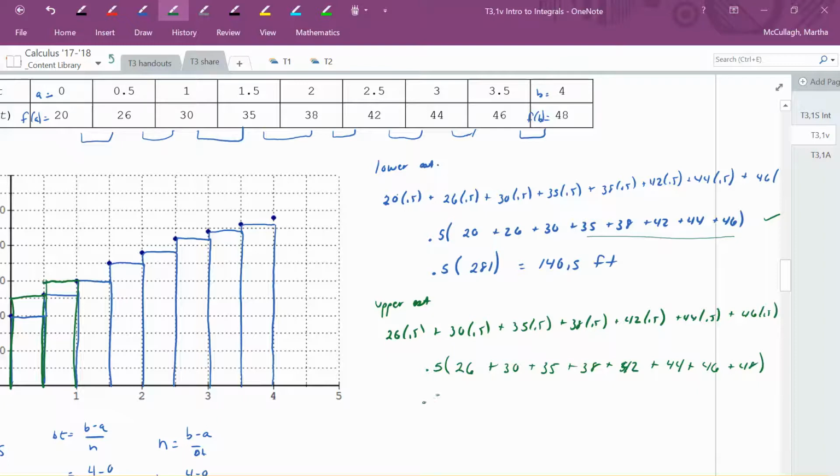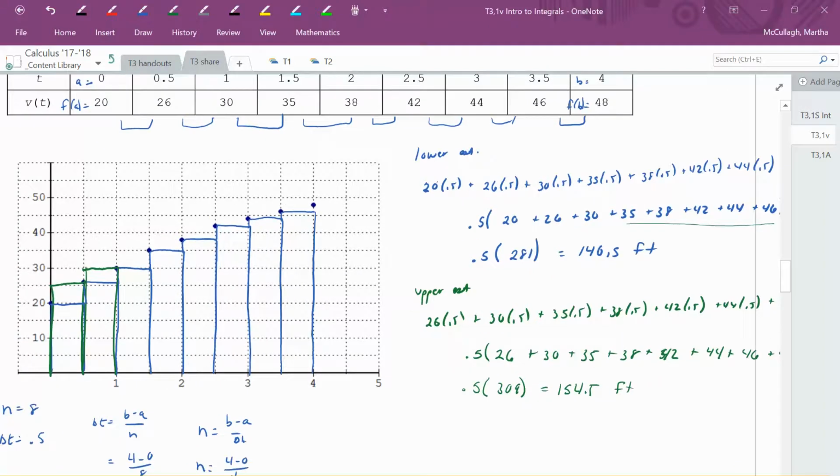So to quickly add this up, I can take this 281, subtract the 20, and add on a 48, and I can see that that number is now 309. 309 times 0.5 is 154.5 feet.